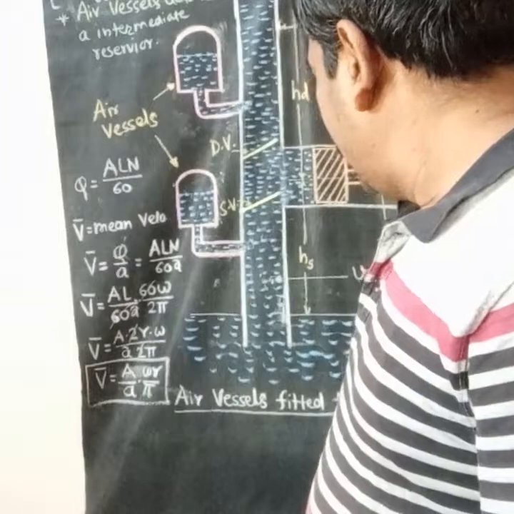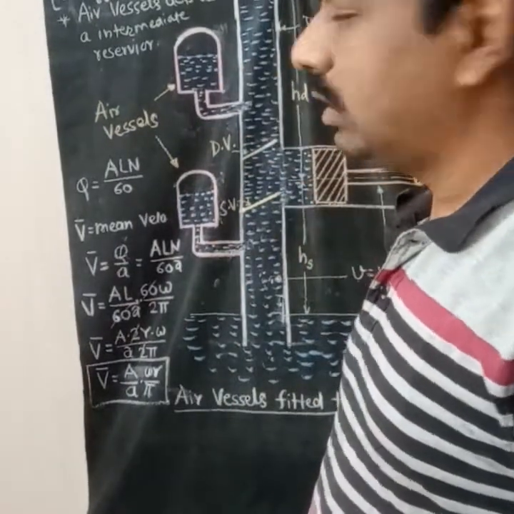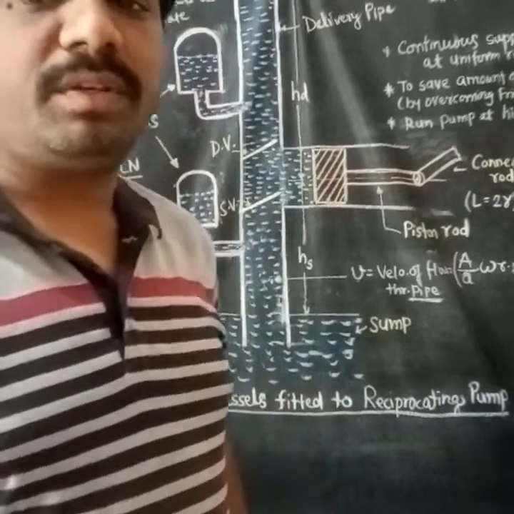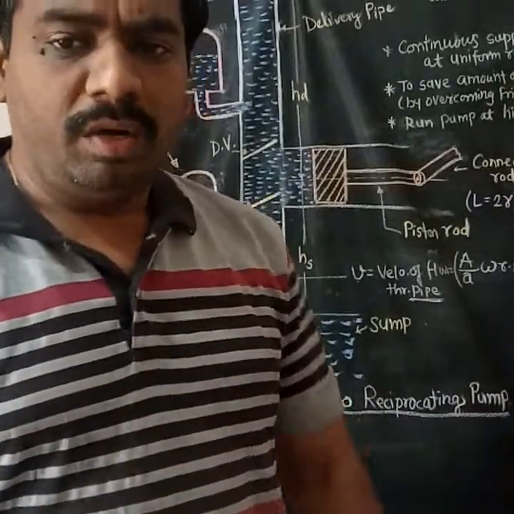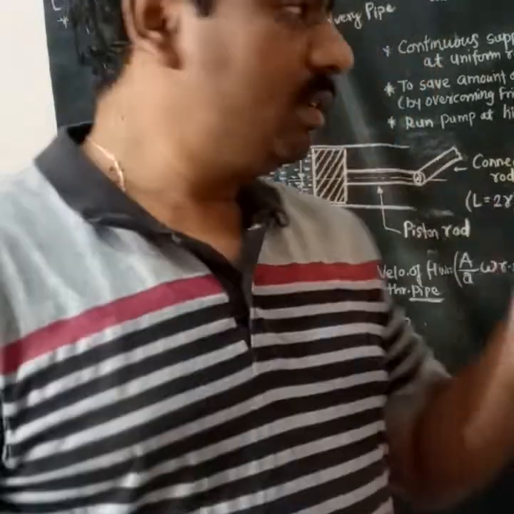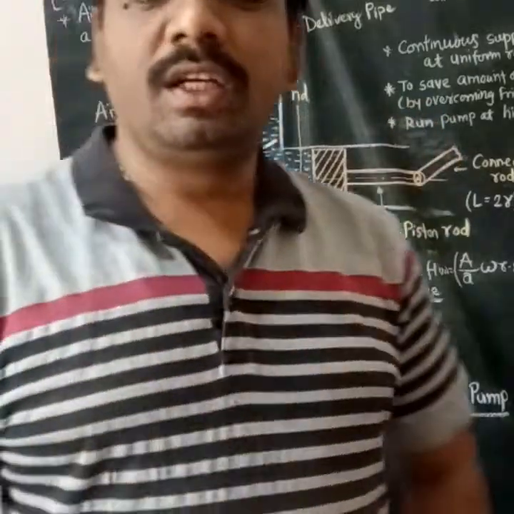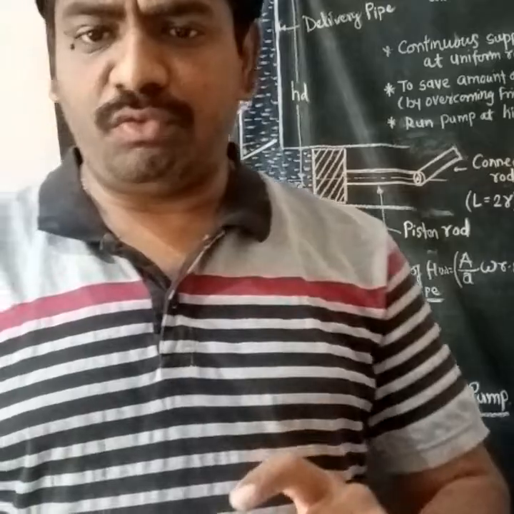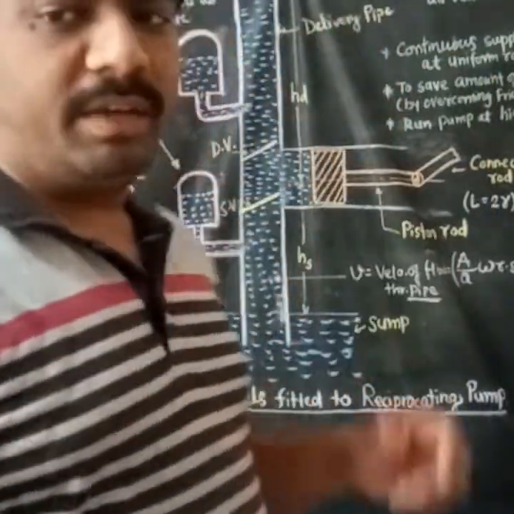Okay, now we'll see the function of the air vessel while working this particular pipe. Remember that the intention of placing the air vessel is a continuous supply at a uniform rate, meaning you have to maintain uniform flow in the suction pipeline as well as in the delivery pipeline.